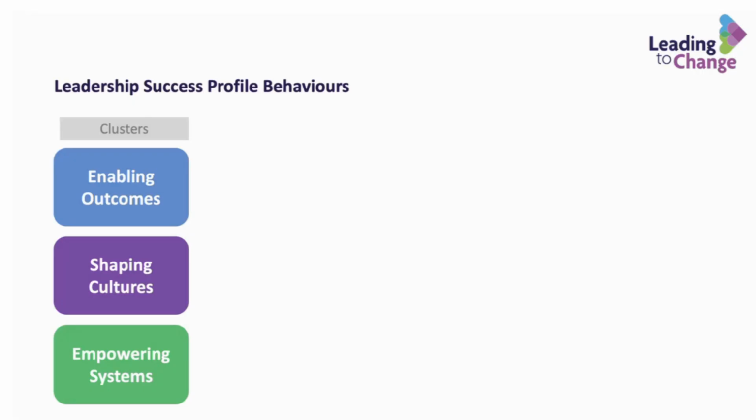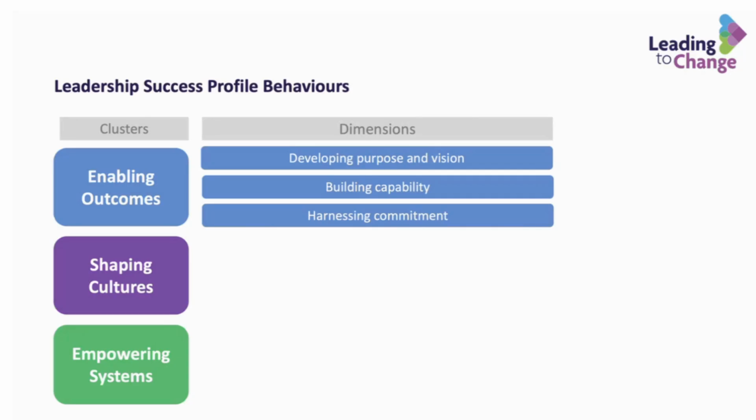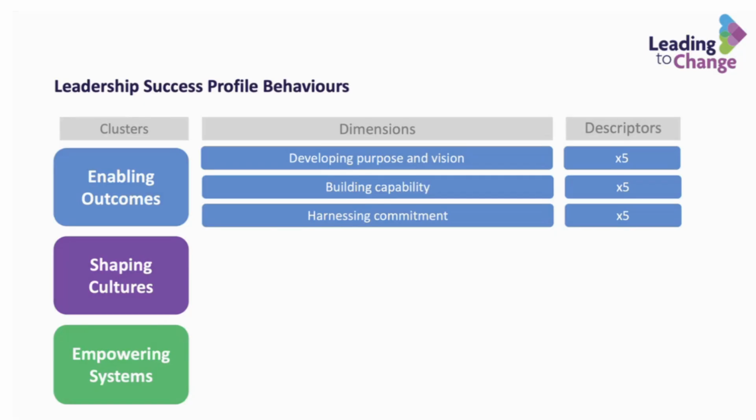Each of these three clusters then has three further dimensions. You can see for enabling outcomes, these are the three dimensions that we look at. And for each of these, there are a set of 5 behavioral descriptors. So in total, the behavioral element of the leadership success profile has 45 behaviors.